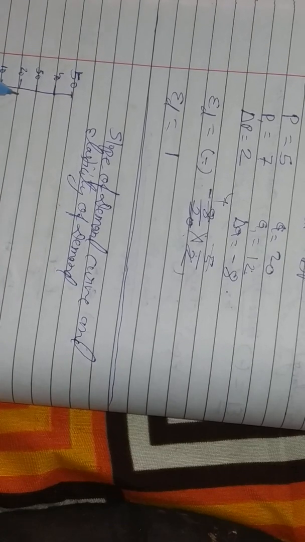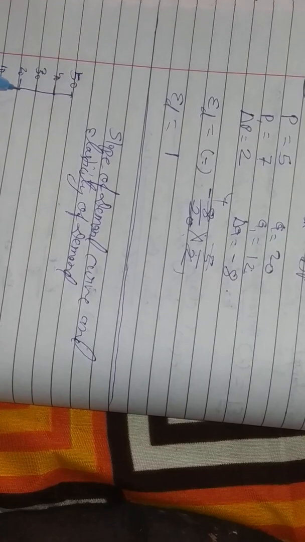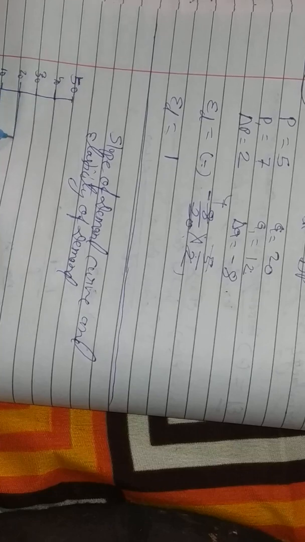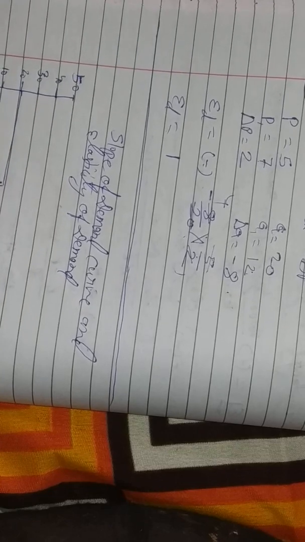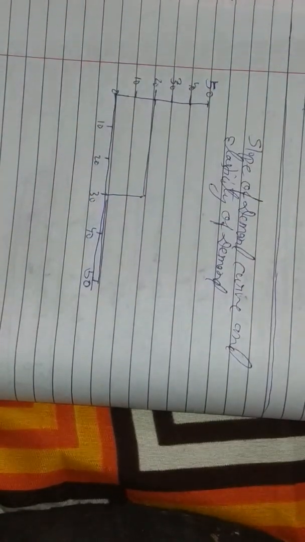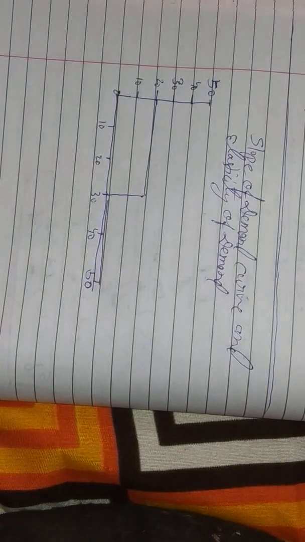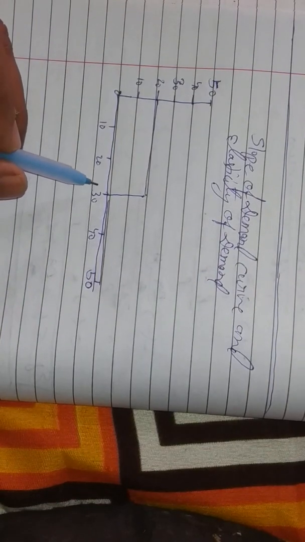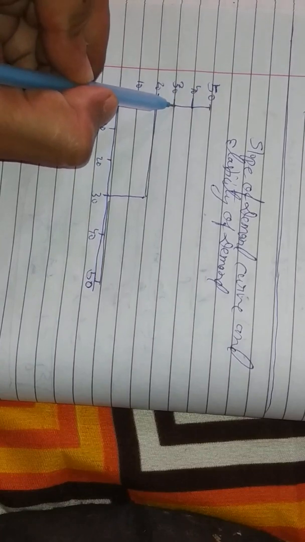Now suppose that the price was 20 rupees and the quantity demanded was 30, so it will be shown like this. Now if the price rises to 30, what would happen?